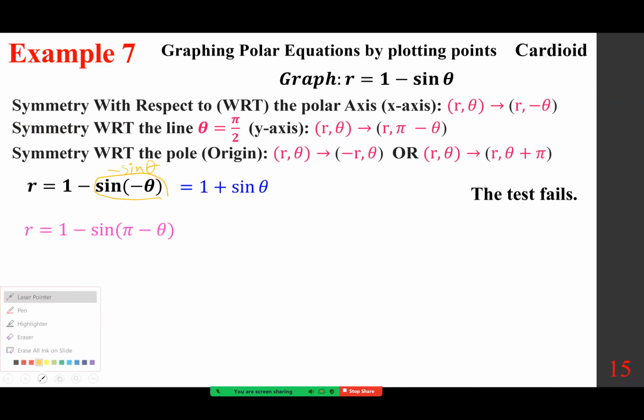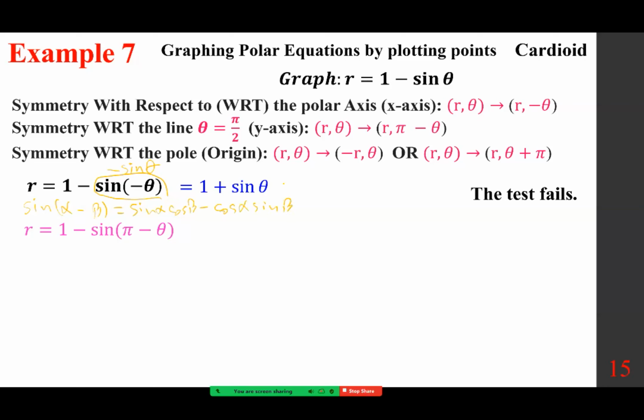In other words, sine of alpha minus beta.